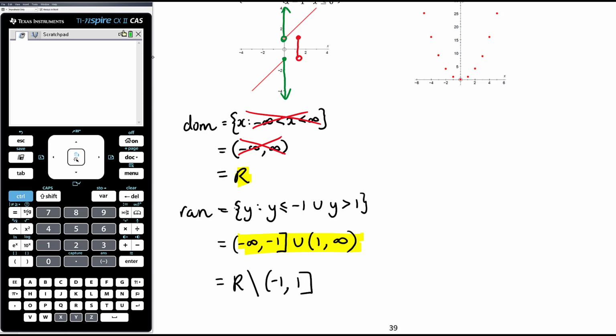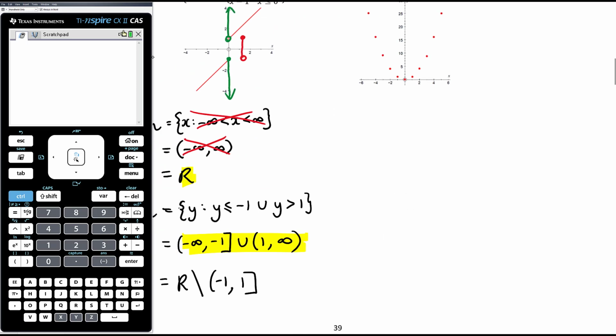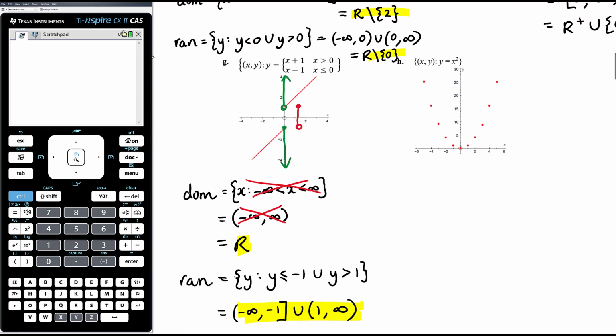Okay, this one's a bit tricky because I haven't actually given you enough information to answer this question. We won't talk about the range here because we actually don't know what the range is. It's slightly complicated. I'm not worried about the notation here, but I do want to use this as an example to talk about how we could talk about this domain. And again, it's not clear here whether or not we go on forever.